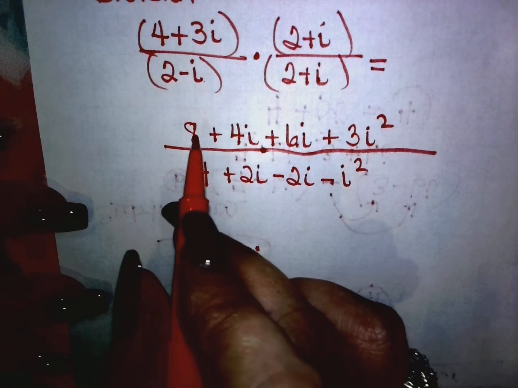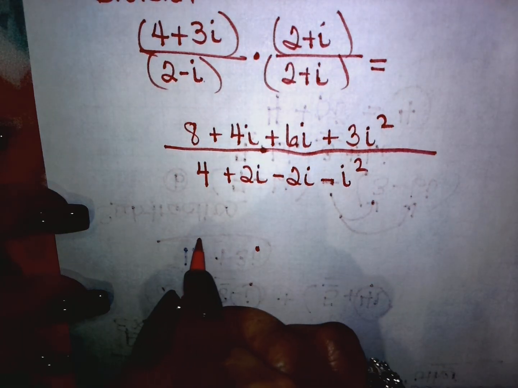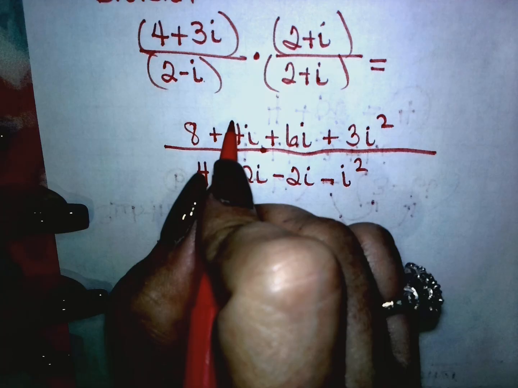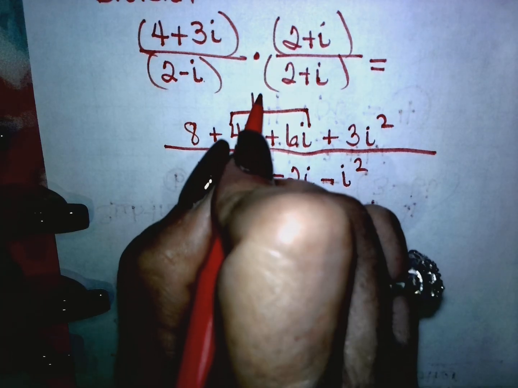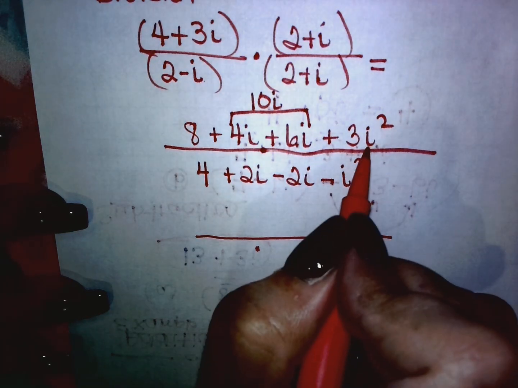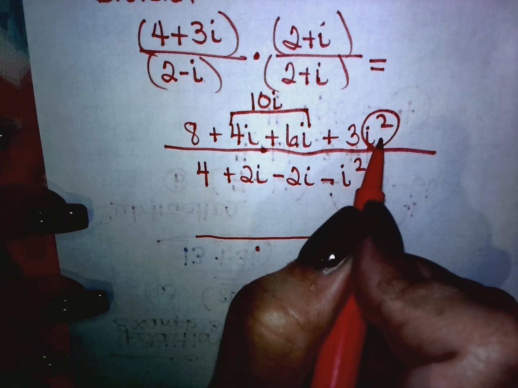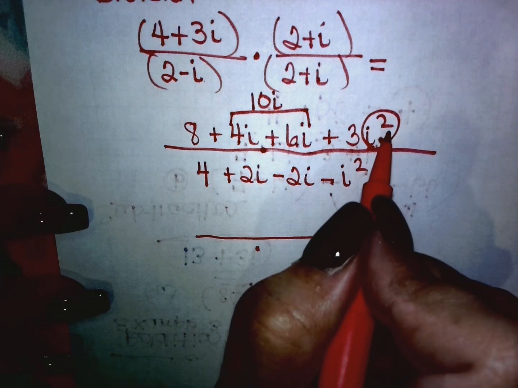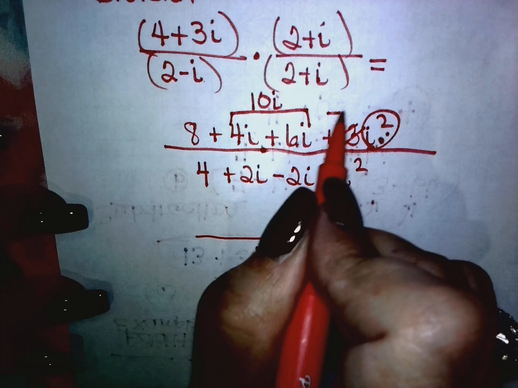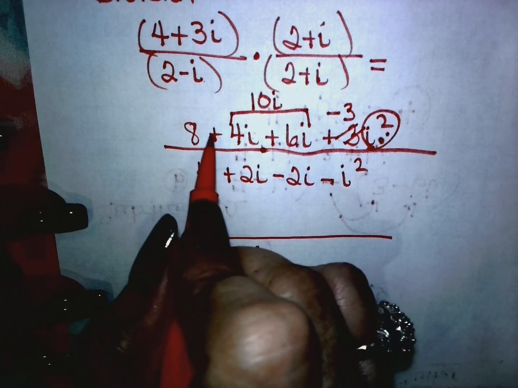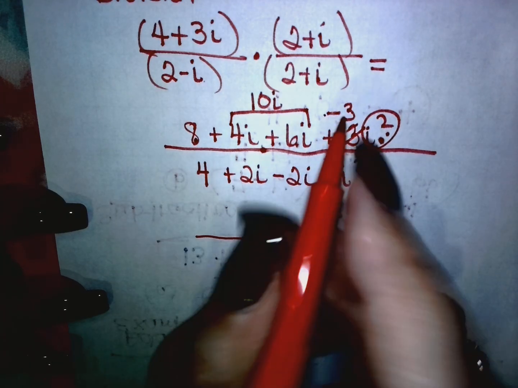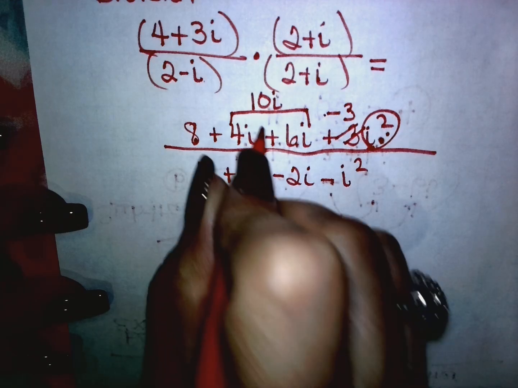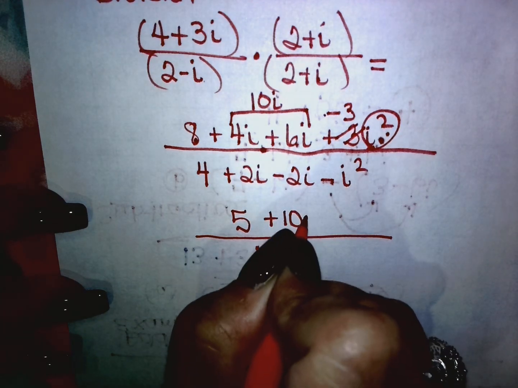In the numerator, these two guys become 10i. And this i squared, remember, is negative 1. Negative 1 times 3, that's going to be negative 3. So in the numerator, we have 8 minus 3, which is 5, plus 10i.